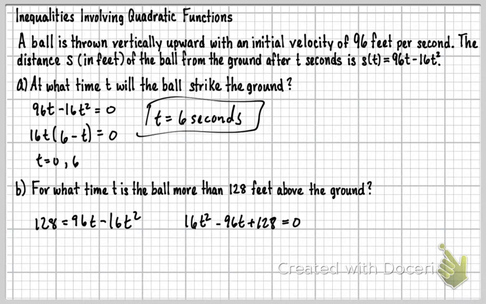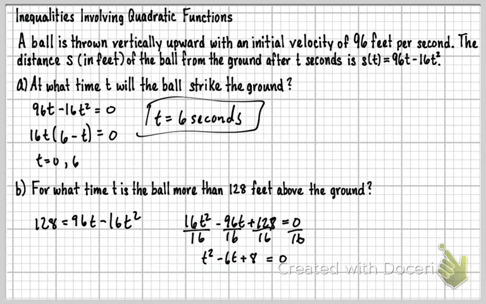And if you look at all of these numbers here, 16, 96, and 128, 16 actually goes into all three of those numbers. So I could divide both sides by 16. That's a good idea here, just to get rid of those large numbers. So then I end up with t squared minus 6t, and then 16 goes into 128 8 times, so that'll be plus 8 equals 0.